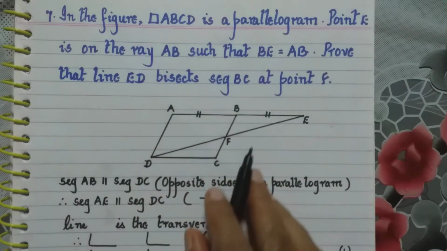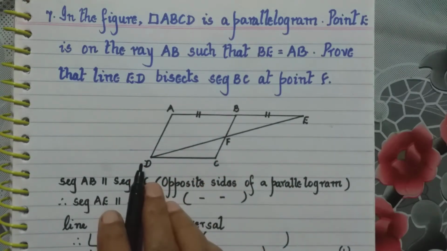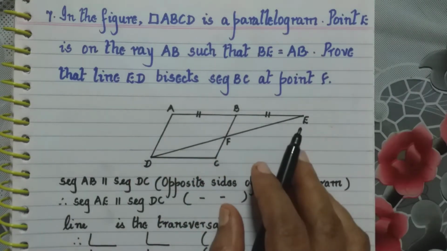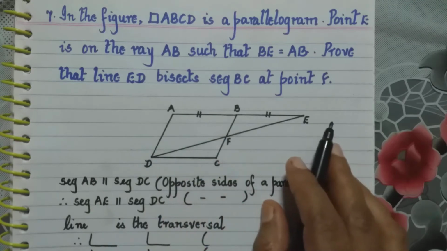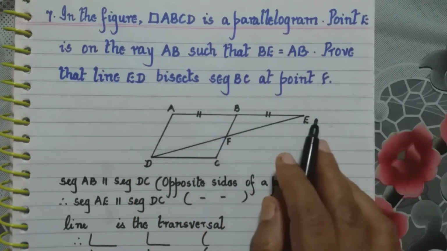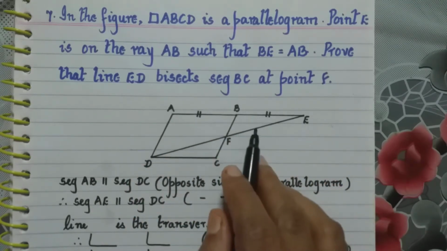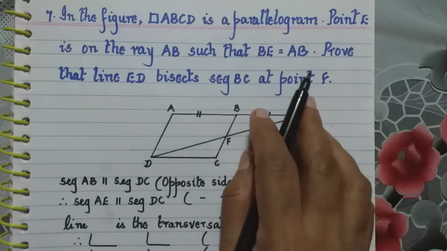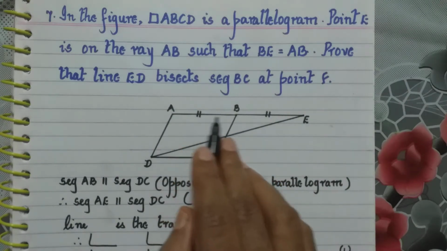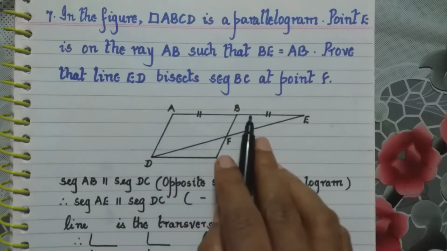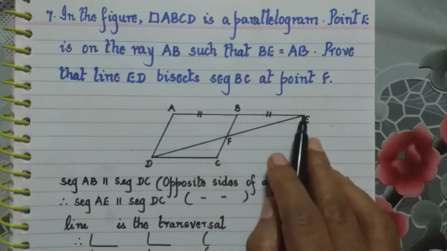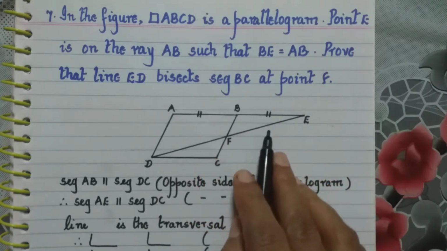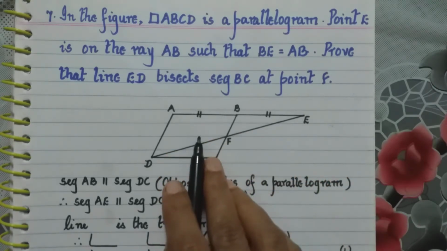First of all, we look at the figure where they have given ABCD is a parallelogram. Point E is on the ray AB, that is, AB is produced further, and they have also said such that BE is equal to AB. That means this line AB is produced further until BE will be equal to AB.